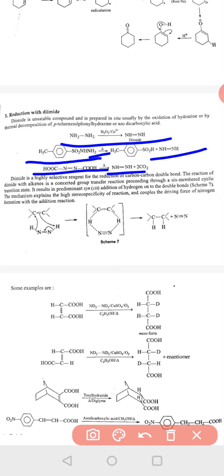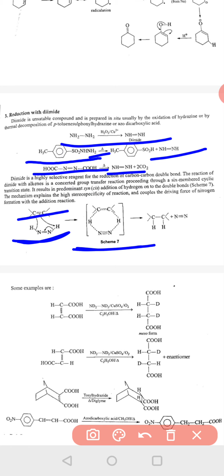Diimide is a very selective reagent for the reduction of carbon-carbon double bonds. The reaction of diimide with alkene is a concerted group transfer reaction proceeding through a 6-membered cyclic transition state. This is the 6-membered cyclic transition state and this is a result of a concerted reaction in which the reaction takes place between diimide and alkene.